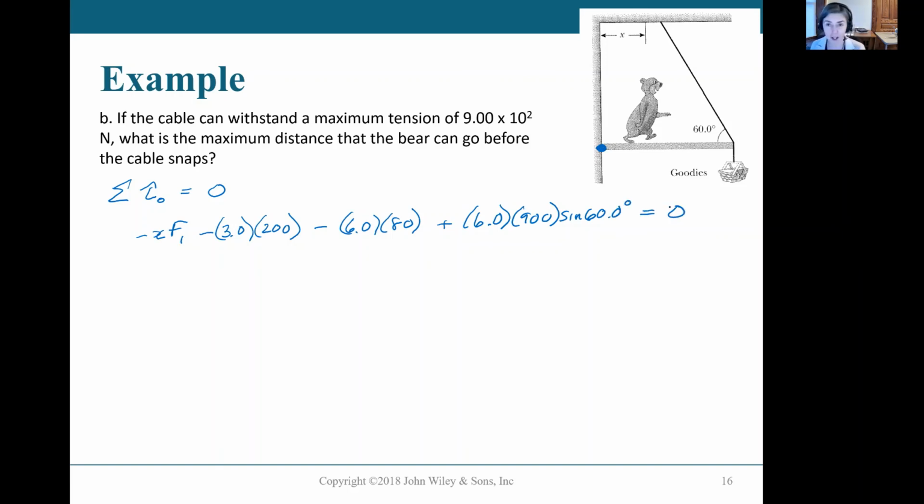Okay, so this is just the equation that we had before, really, except for before this was a variable and this was known, and now they've switched. So you can solve this for x.